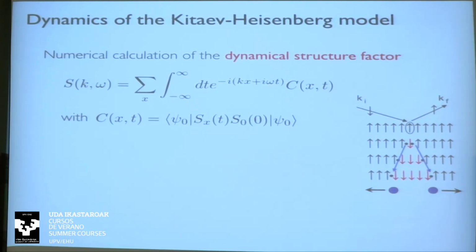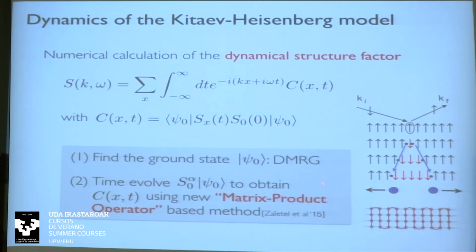So in short, the idea is that we first find the ground state of a given Hamiltonian, and then we hit this ground state with some operator, like a local perturbation, which we can then time evolve. And from the Fourier transform of the dynamical correlations, we then directly obtain the structure factor.